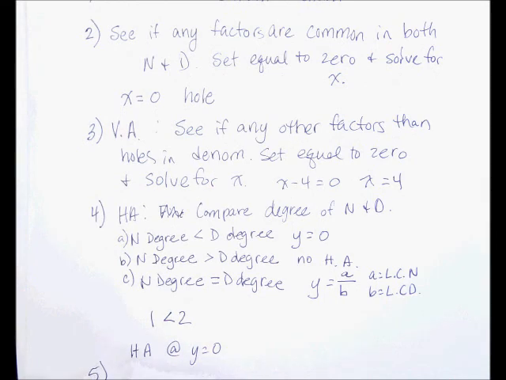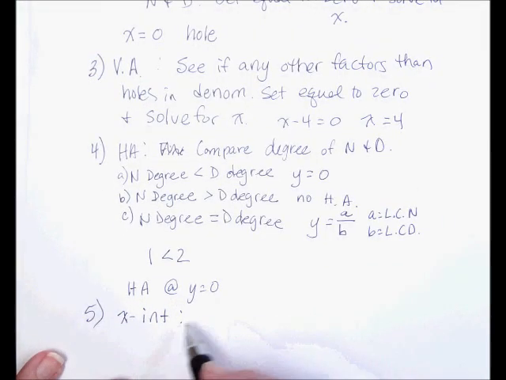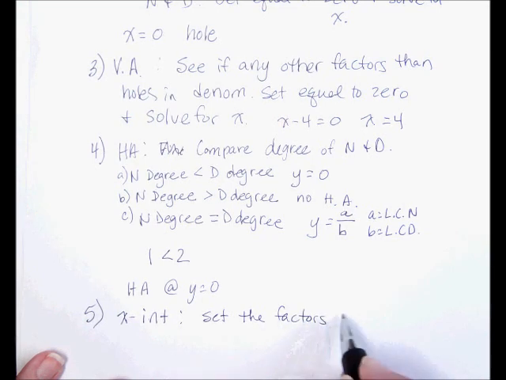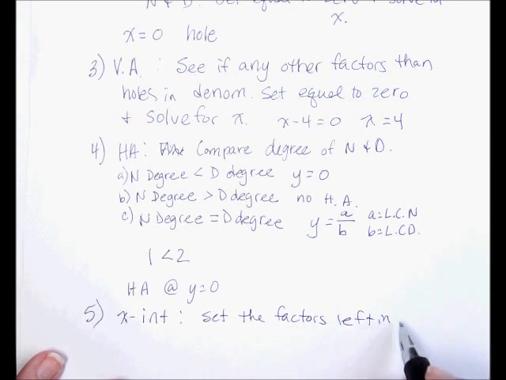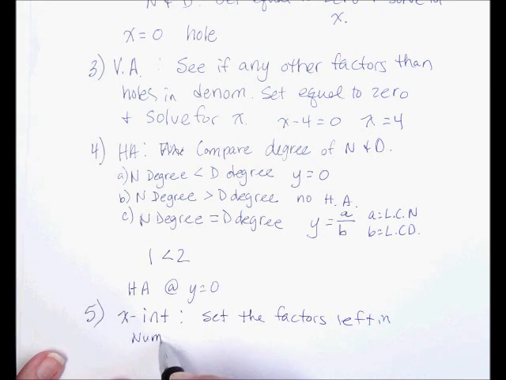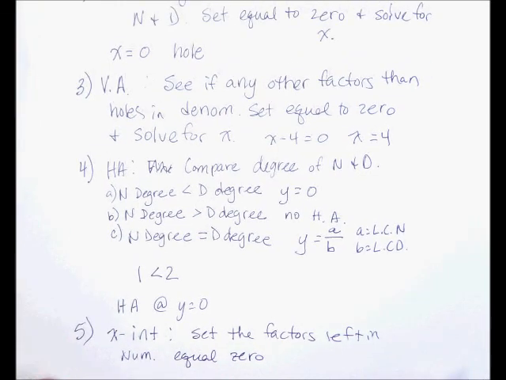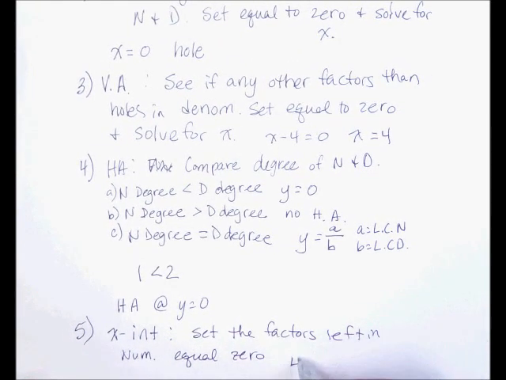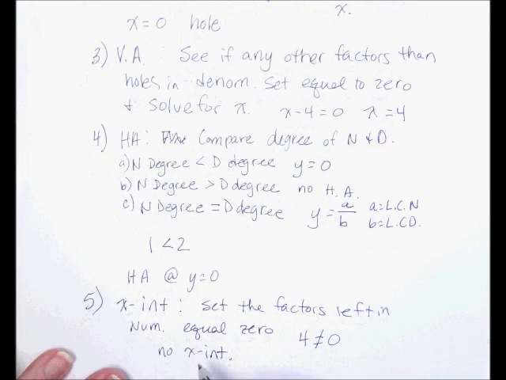The fifth thing that we studied today was the x-intercepts. I find the x-intercepts by setting the factors left in the numerator equal to 0. In this case, I don't have any factors left, I just have 4. And 4 does not equal 0, so there are no x-intercepts.